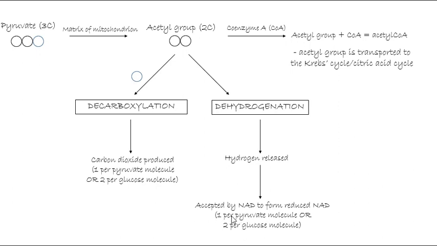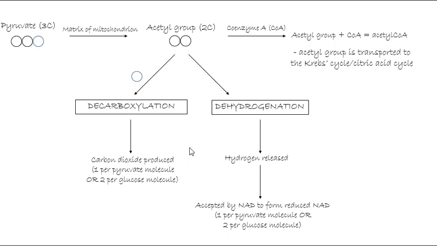So 2 reduced NAD molecules are produced per glucose molecule. I repeat, 1 reduced NAD molecule is produced per pyruvate molecule, and so 2 reduced NAD molecules are produced per glucose molecule.